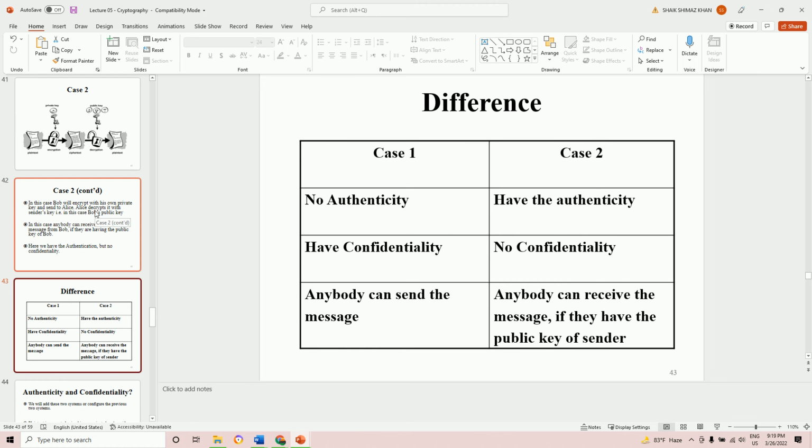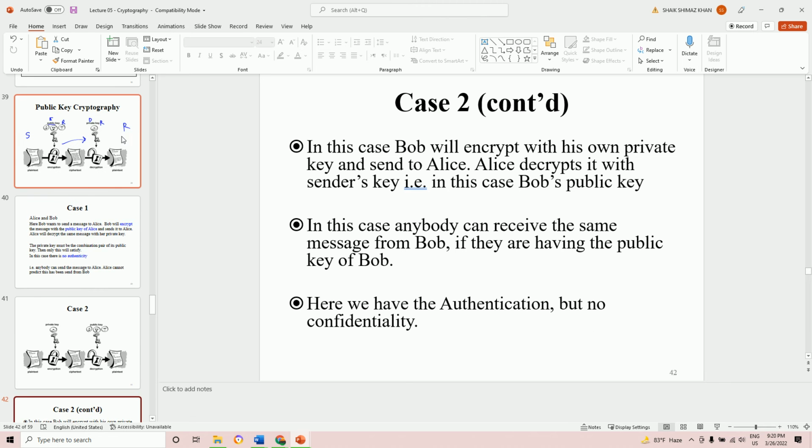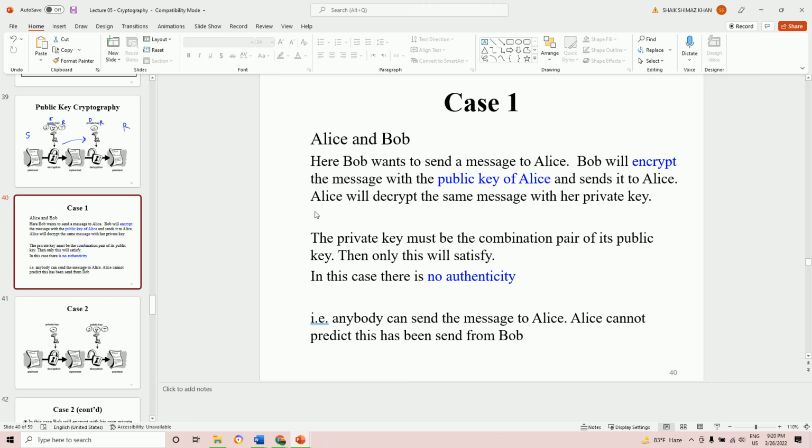So in the first scenario, the case 1, the public key of the receiver is used and the private key of the receiver is used. So there is confidentiality but there is no authenticity.